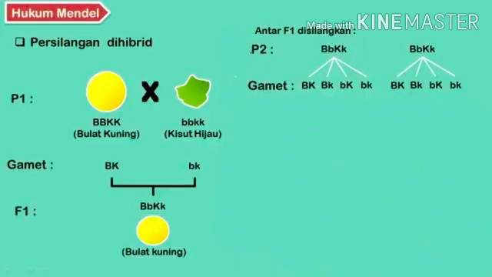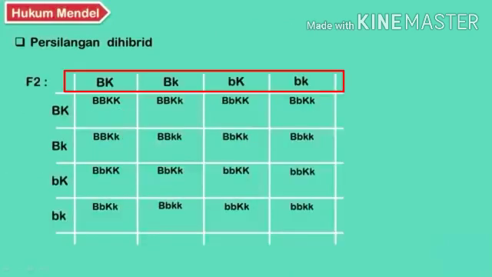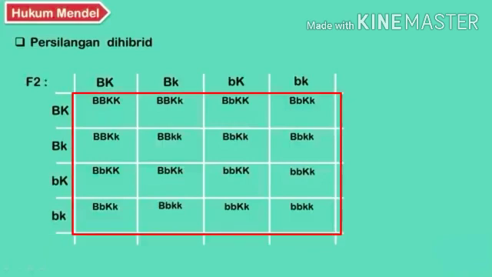Look at the table, habibi wa habibti. Gametes from the first parent we put in the top row, while the gametes from the second parent we put in the left column. And for the offspring that we get, we combine rows and columns. Then we will get some phenotypes. Let's see.